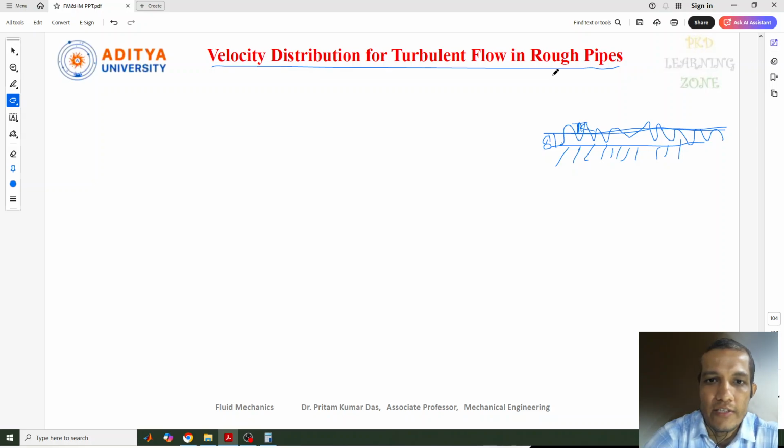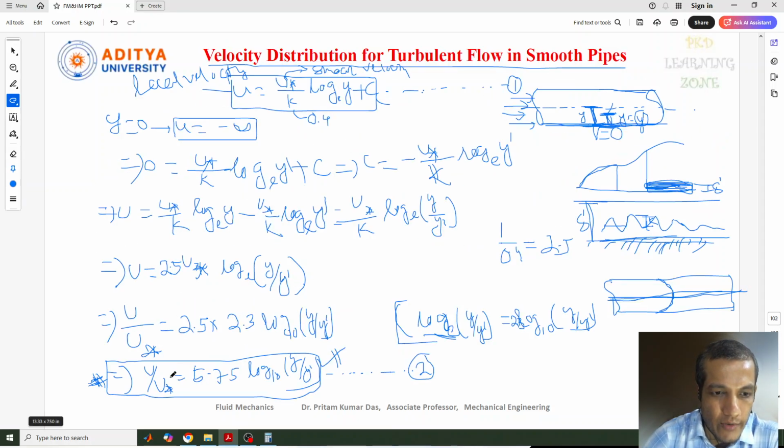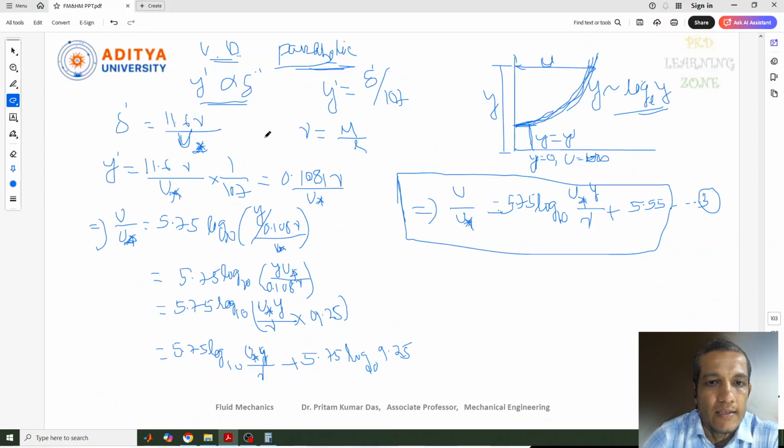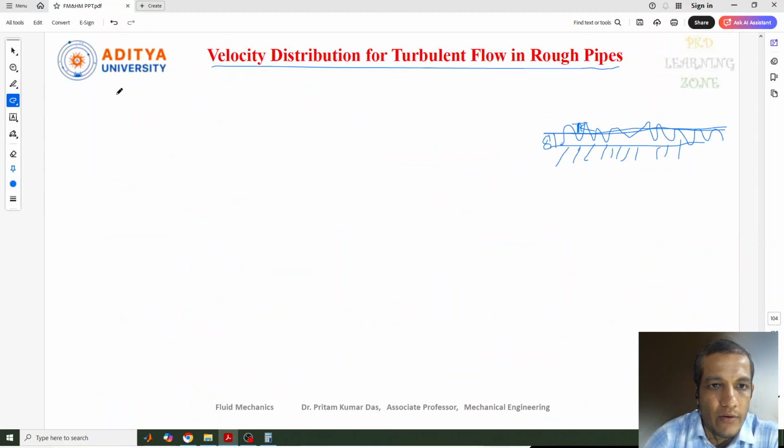For this rough pipe, the laminar sublayer is very small. So again for this also you have to use this equation, u by u star equals 5.75 log y by y dash. Let me write that equation, then I'll tell you what needs to be done.